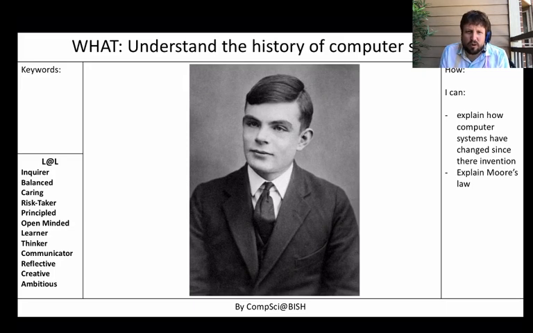The reason why we talk about Alan Turing being the father of computer science is because he was the first person to really understand what computers could do. He developed what's called the universal Turing machine, and he proved mathematically that there was an amazing amount of things that could be calculated on a universal Turing machine.